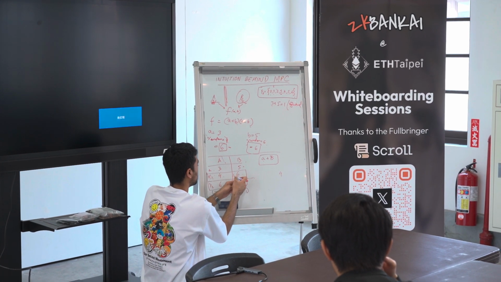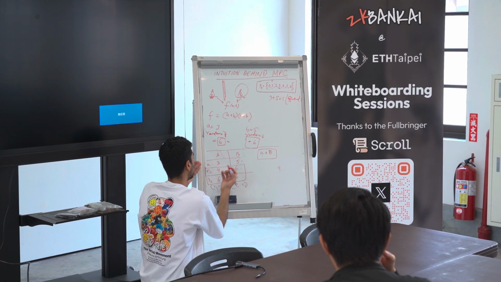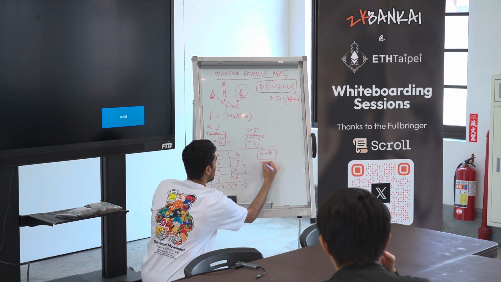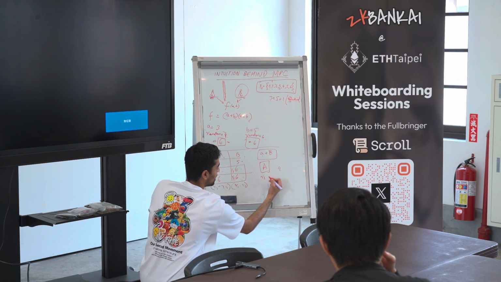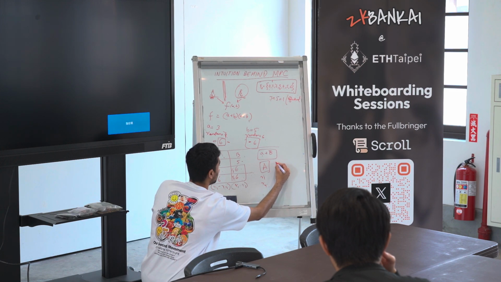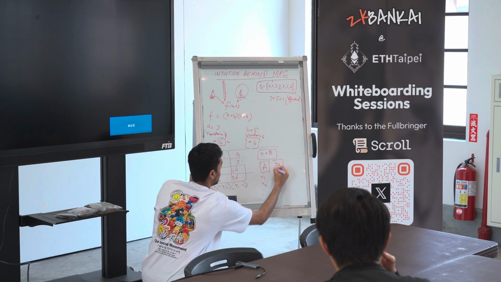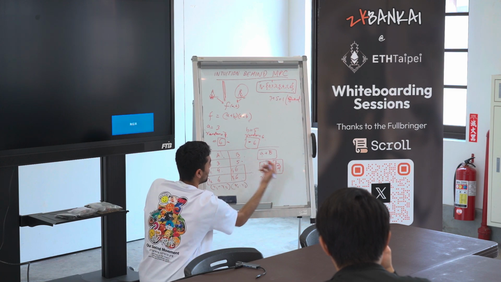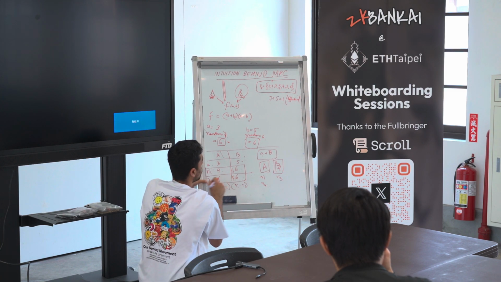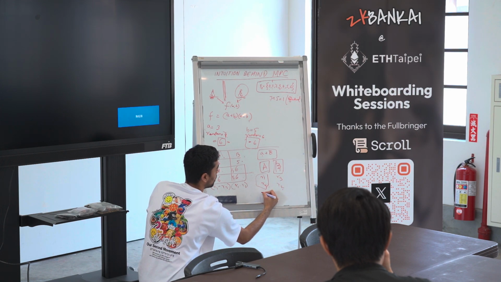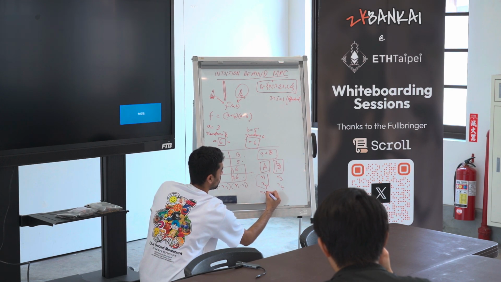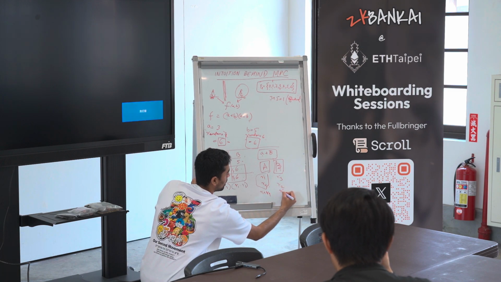Similarly, B also shares one random value with A. So finally A has R1 from itself and R4 from B, and B has R3 from itself and R2 from A. Now they locally compute R1 plus R4 and R3 plus R2.